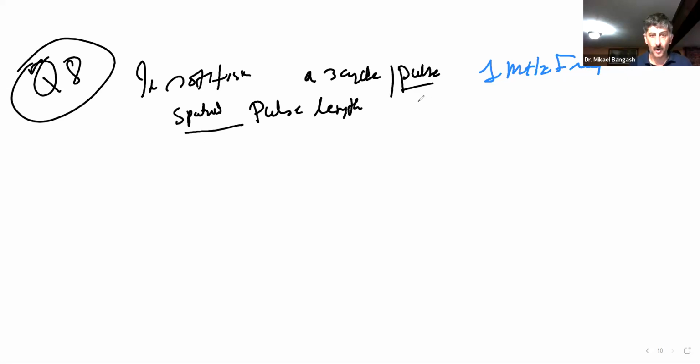Because it is in millimeters, it should tell you that this pulse length is spatial, since it is expressed with a spatial unit, a unit pertaining to space or area or distance.